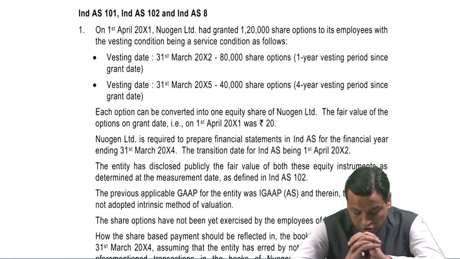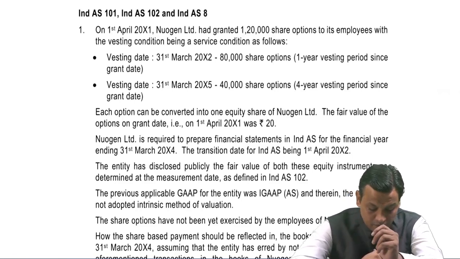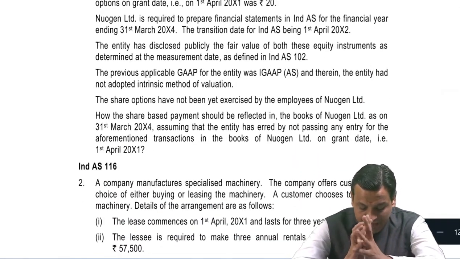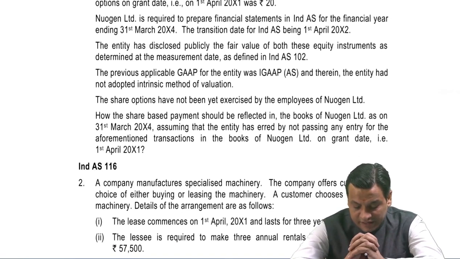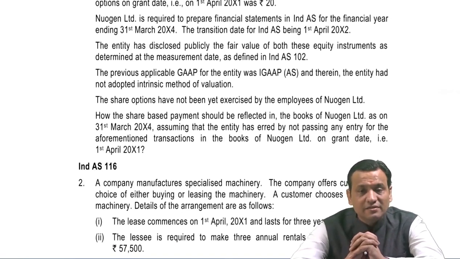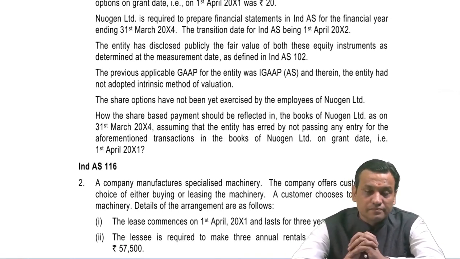The entity has disclosed publicly the fair value of both these equity instruments as determined at the measurement date as defined by Ind AS 102. The previous applicable GAAP for the entity is IGAAP, accounting standards, and therein the entity had not adopted the intrinsic value method of valuation.